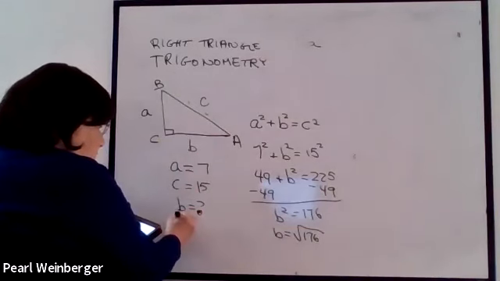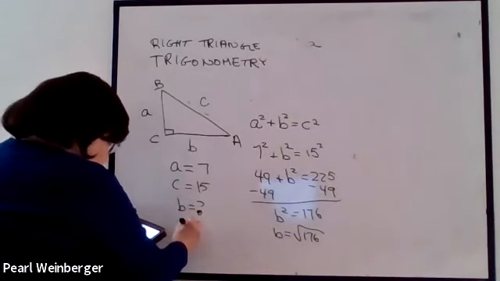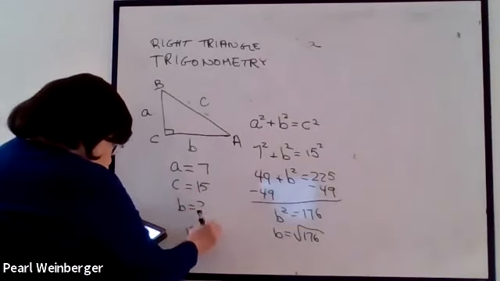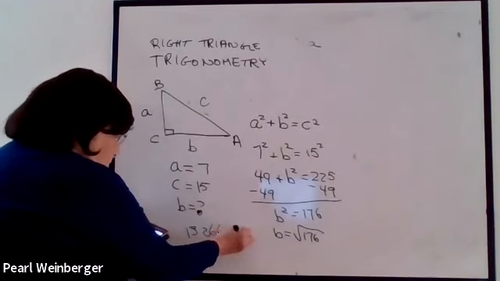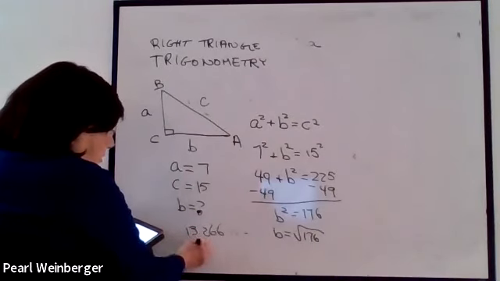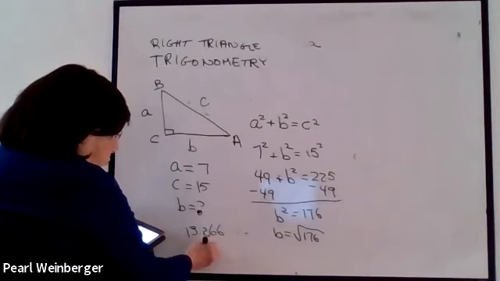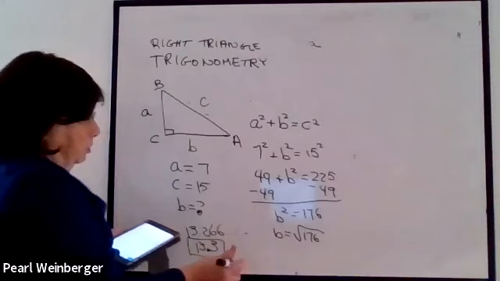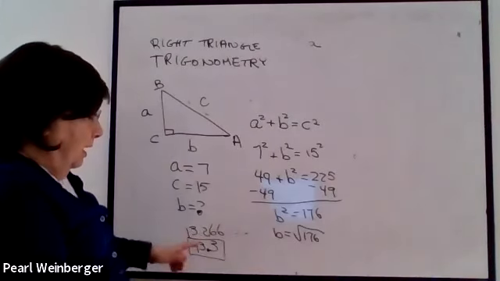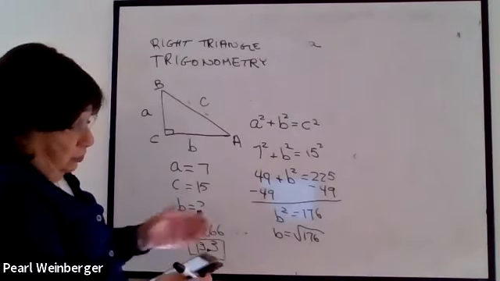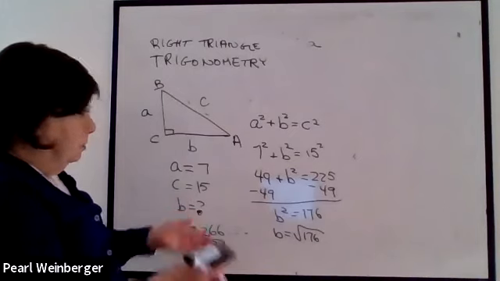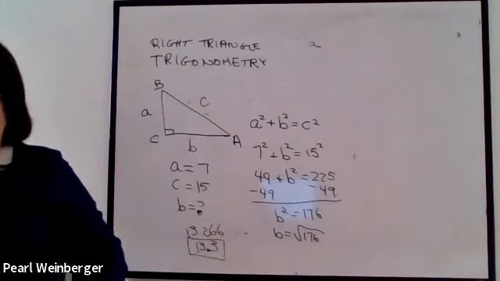I see on my calculator the square root of 176 is 13.266, etc. So to the nearest tenth, my answer would be 13.3. So sometimes it's an irrational number and we don't get the exact answer, and we just use our calculator to find the square root of the number.